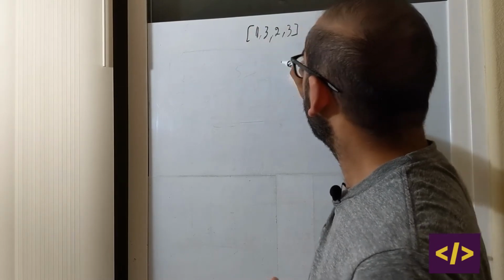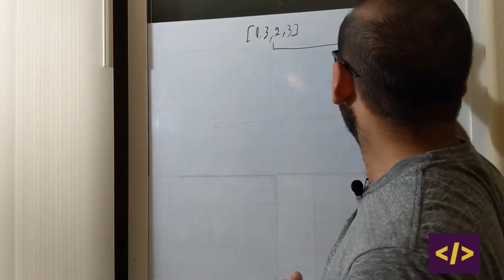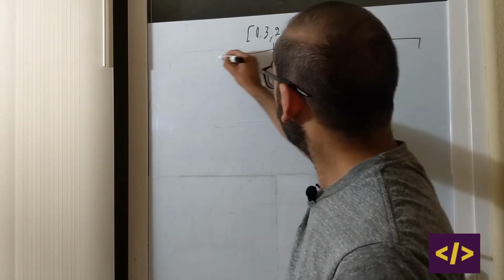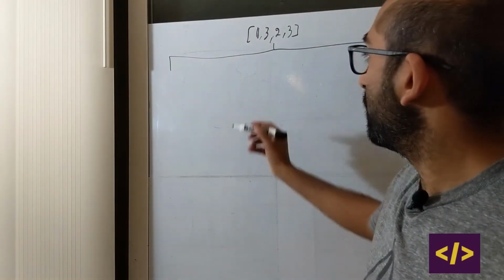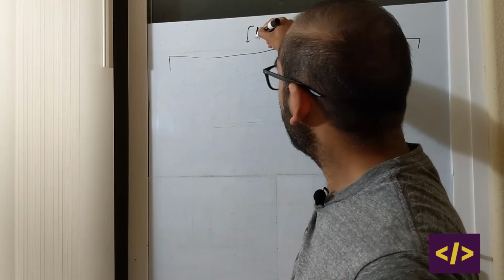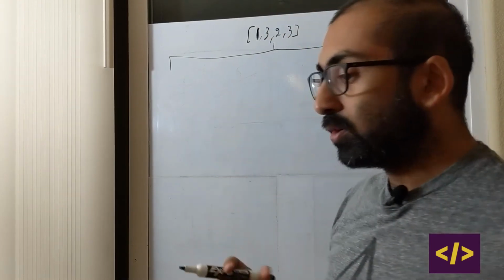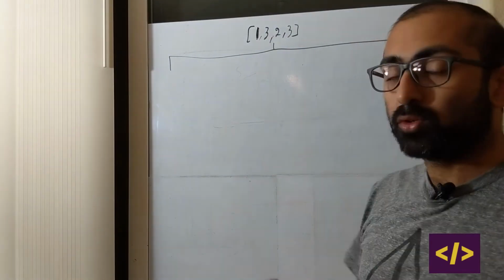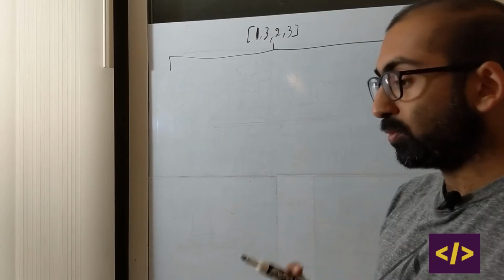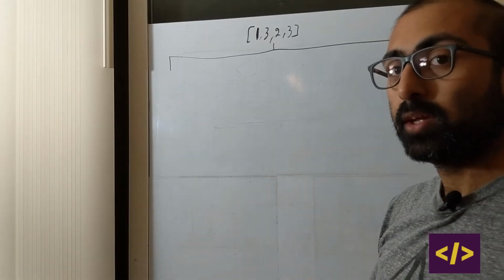Once you call this, it is going to call number 1. You want to move n minus 1, that's 2 rings, from the source to the auxiliary.